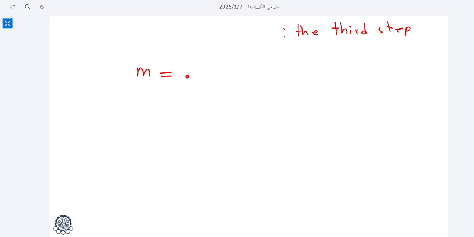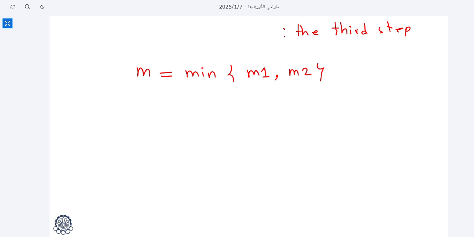Here we can compare the solution of the first subproblem and the solution of the second subproblem, and whichever is smaller will be the solution of the total problem. So we take the min function between m1 and m2, and this is the solution of our original problem. Okay.